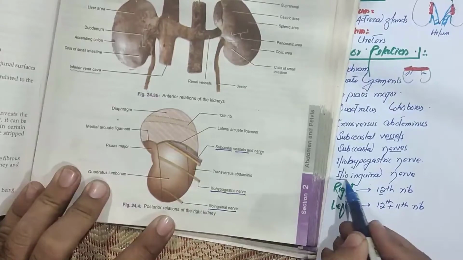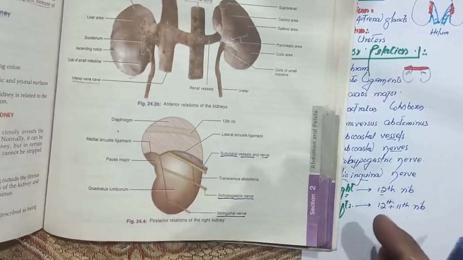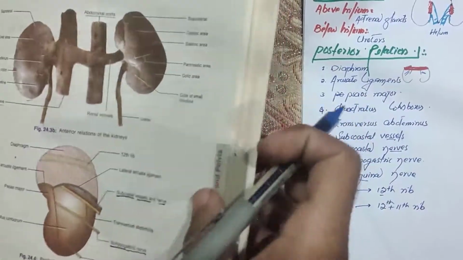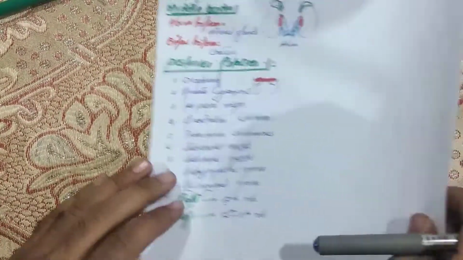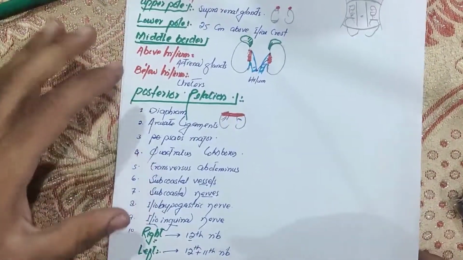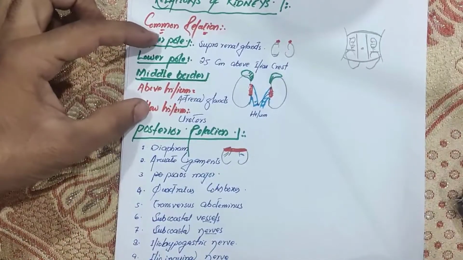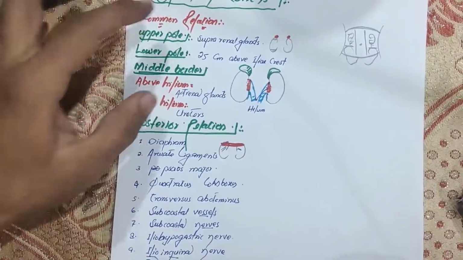So you can see them in this diagram, all the structures that I told you. So these were the structures which are common for both kidneys on the posterior surface, and these were the common structures which are present on the upper part and the medial part of the kidneys.